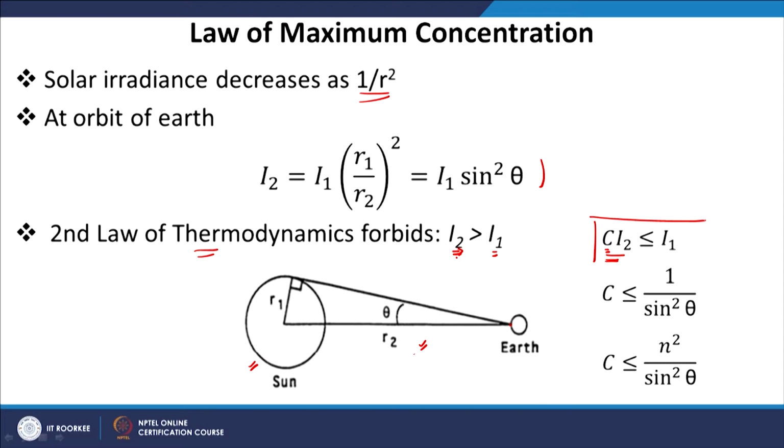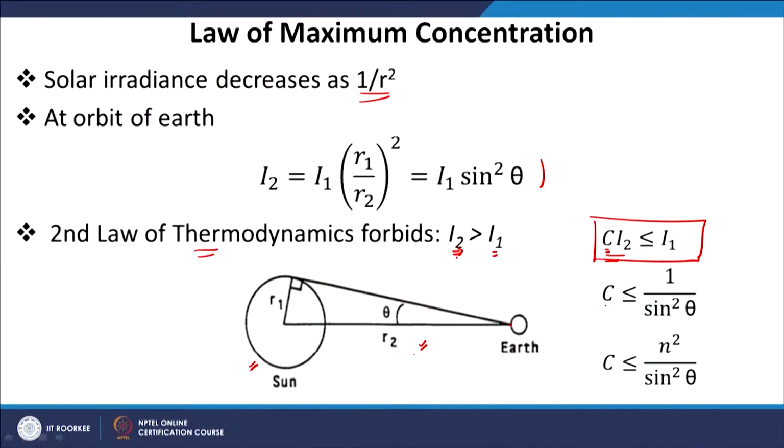That is the limitation of the second law of thermodynamics: even after increasing the intensity of solar radiation by means of lenses or mirrors, you cannot increase the irradiance more than the irradiance at the surface of the sun. By substituting the value of I2 in terms of I1, we get C is less than or equal to 1 upon sin square theta.